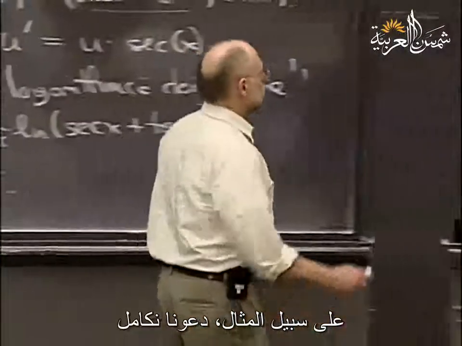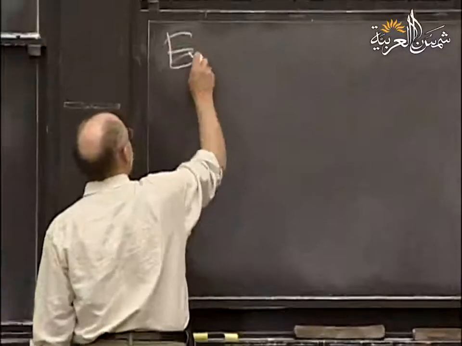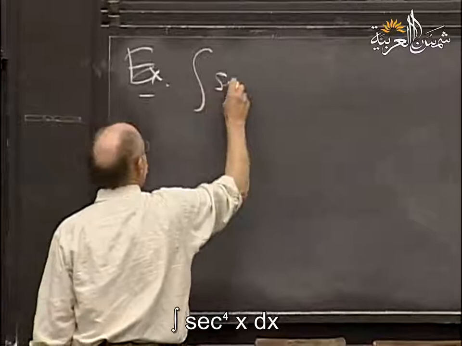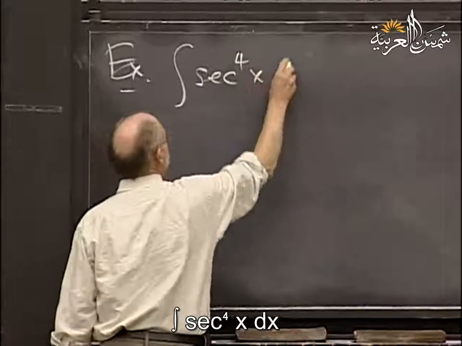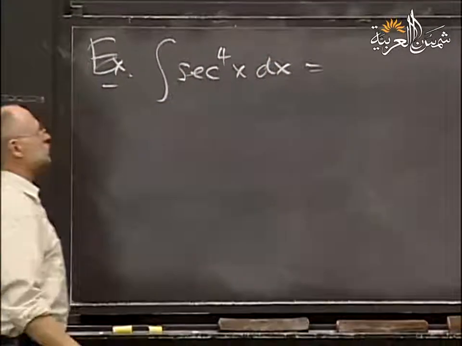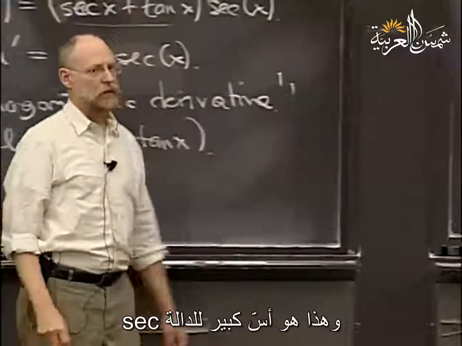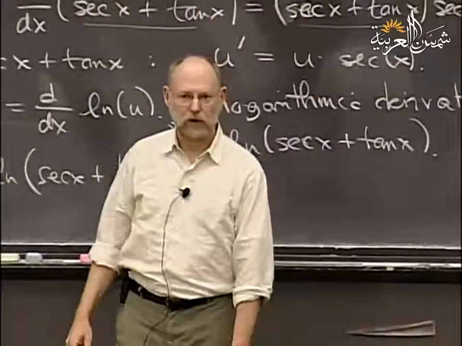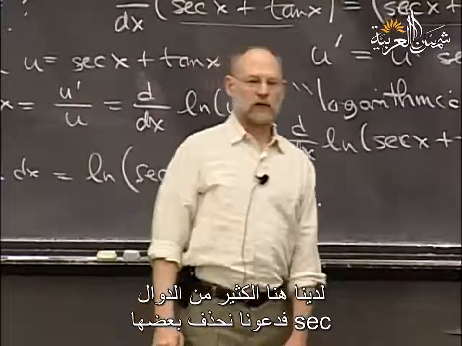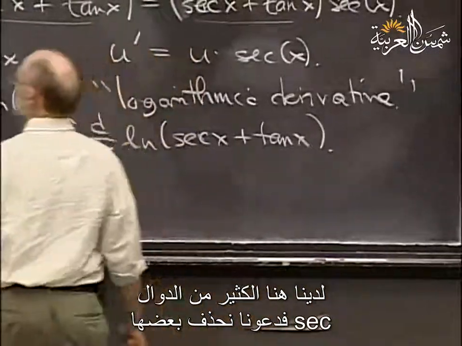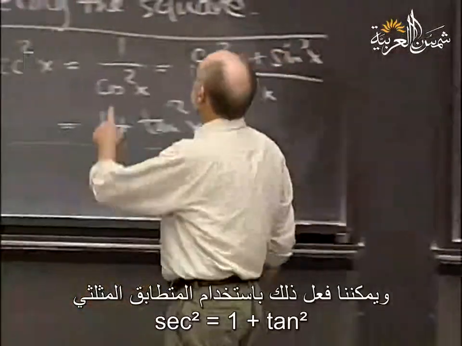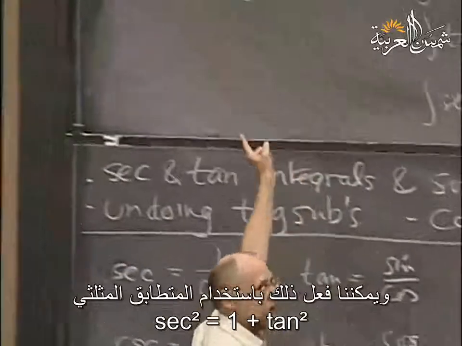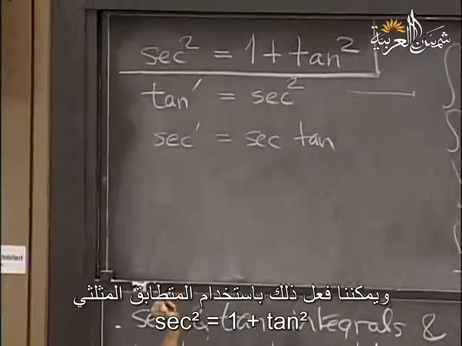For example, let's try to integrate the integral of secant to the fourth of x. Big power of the secant function. Well, there are too many secants there for me, so let's take some away. And I can take them away by using that trig identity, secant squared is 1 plus tangent squared.